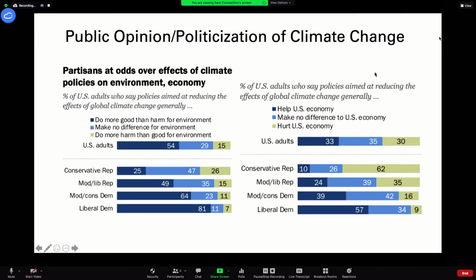You see many more conservatives say that it would hurt the US economy. So they see this trade-off between pro-environmental efforts and pro-economy or pro-labor efforts.